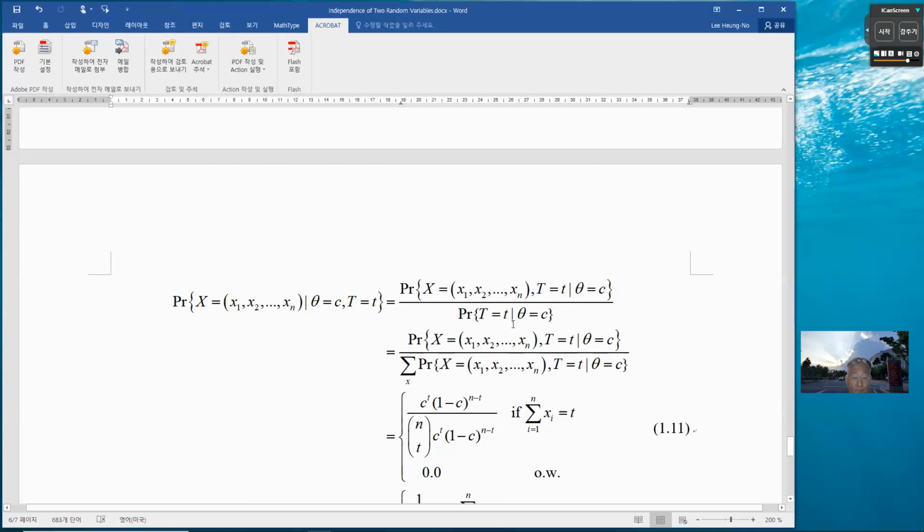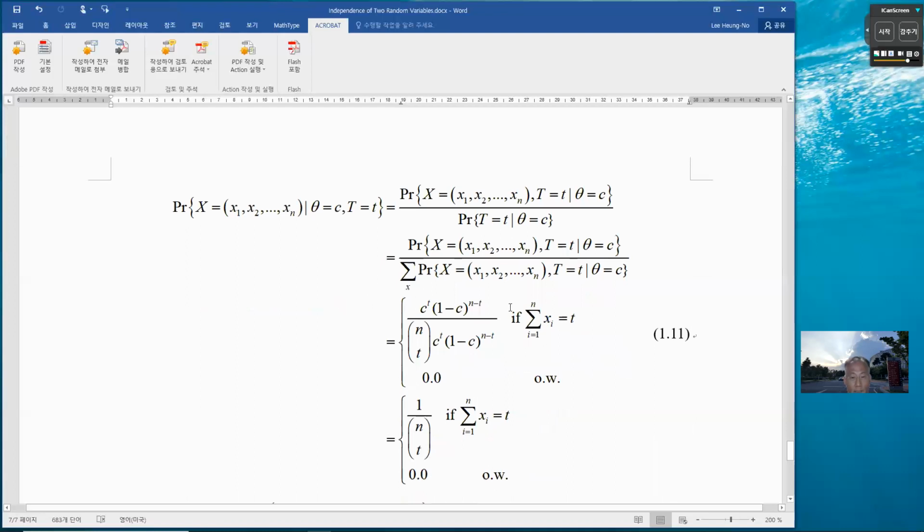Okay, so that's the result obtained from applying the definition of conditional probability, the first line. I kept the numerator as it is, and then applying the total probability theorem, I obtained this one. So I consider every possible vector x. Making use of previous results, the numerator is c to the power of t, 1 minus c to the power of n minus t.